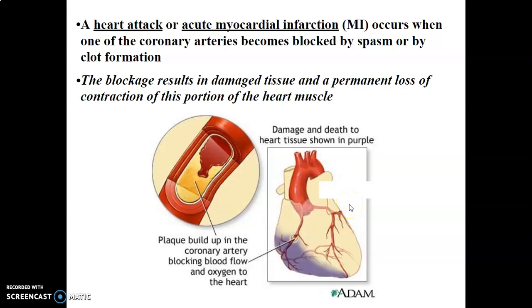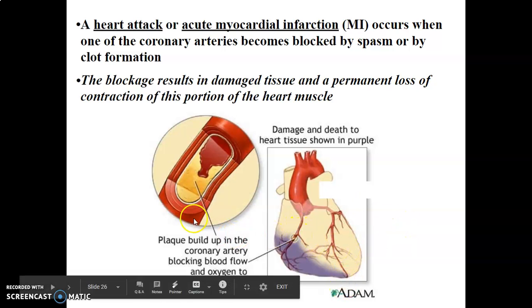But a heart attack happens when one of these coronary arteries becomes blocked by spasm or by blood clot. So if there's some kind of damage to it, it may cause a spasm, but more commonly, plaque builds up inside the coronary artery, and it can block flow of the blood to that heart tissue. Just like anything else in our body, if it's not receiving oxygen, it starts to die.